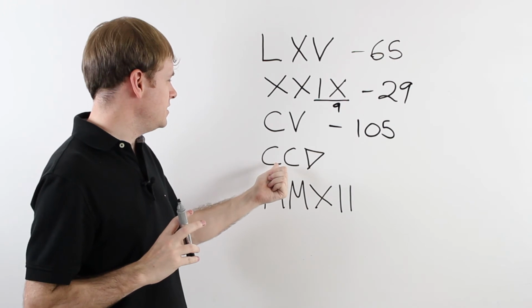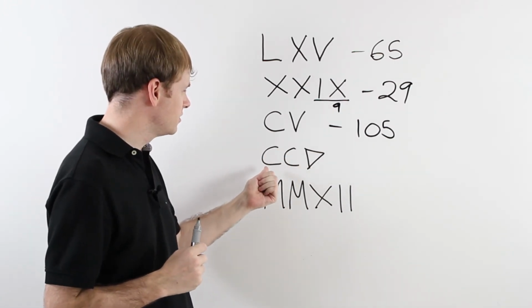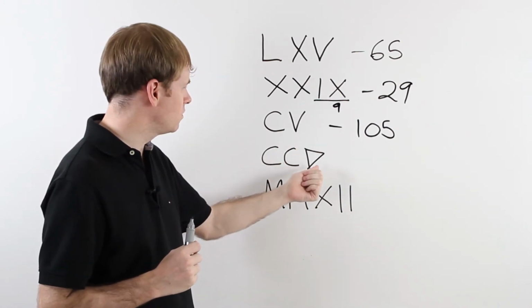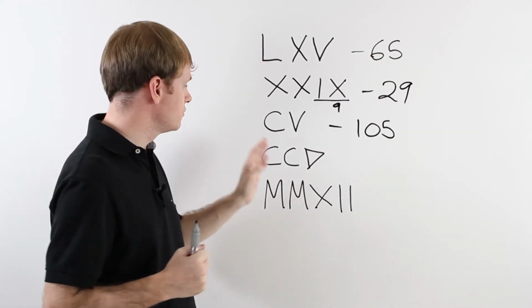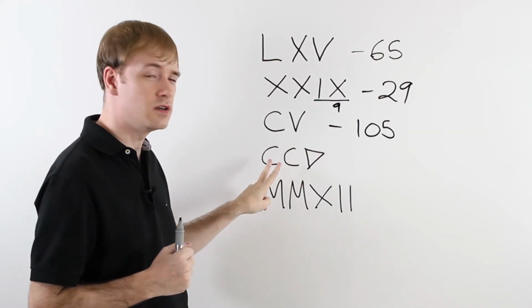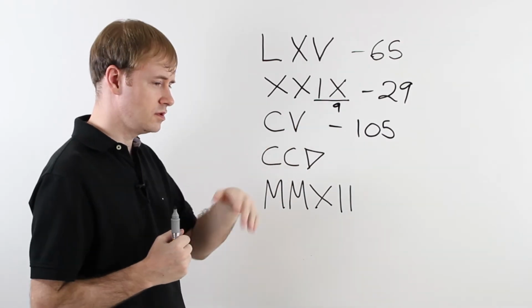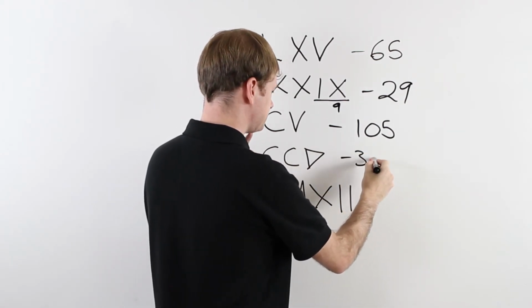Next one, CCD. Well, C is 100. And CC, that's 200. And what was D? D was 500. So CCD, that's 200 before 500. 200 before 500, that must be 300.